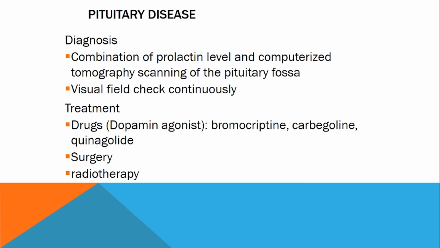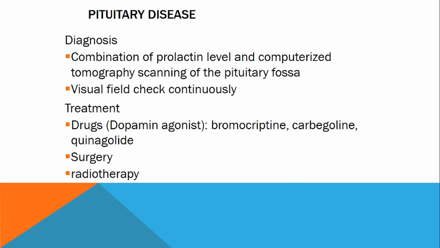So for this to be more objective, the prolactin concentration value is combined with computerized tomography scanning of the pituitary fossa, and the visual field check should be done continuously.